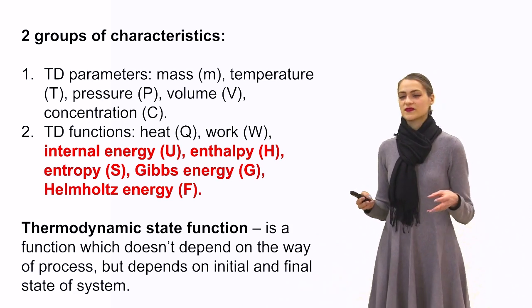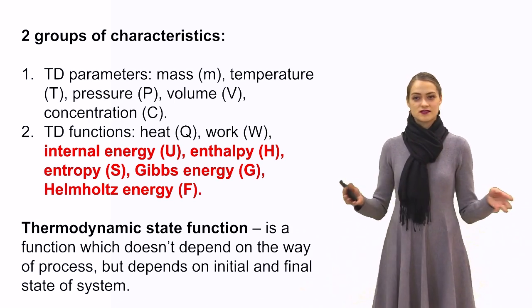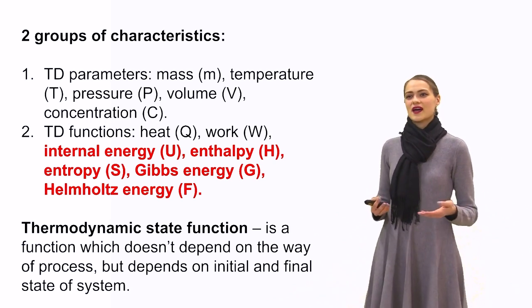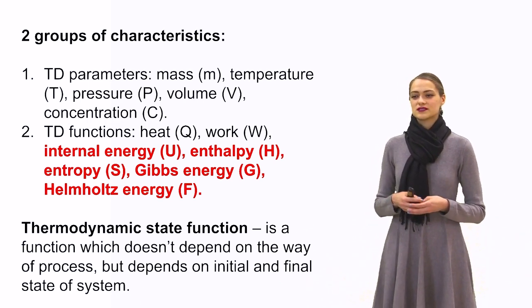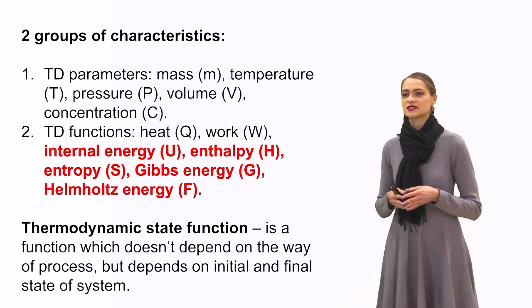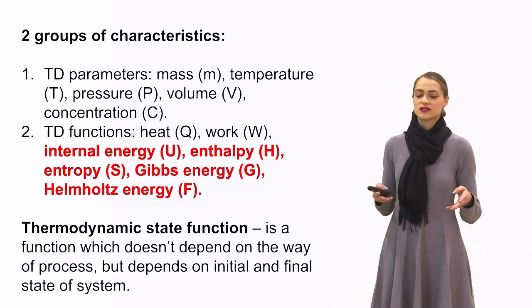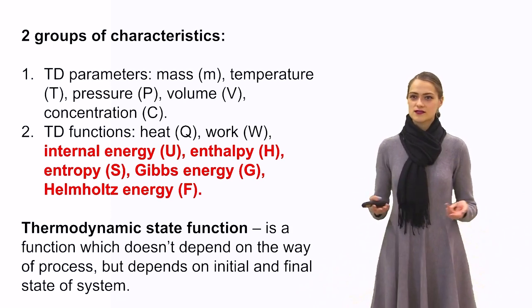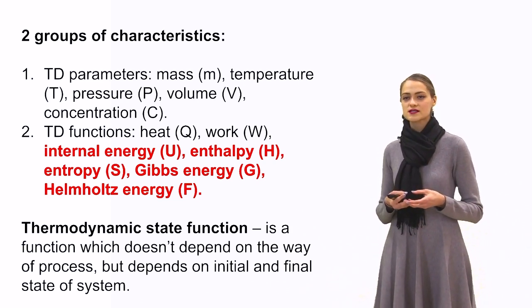Okay, thermodynamic system. Now I'm here in the class and you're sitting in your rooms, and we can say that we are all in a thermodynamic system. And of course we can describe this system, but what do we use to describe it? We need to classify chemical thermodynamic properties, thermodynamic characteristics, and we have two groups. First, thermodynamic parameters. Here we use pressure, volume, concentration of different solutions, temperature, mass of exact substances.